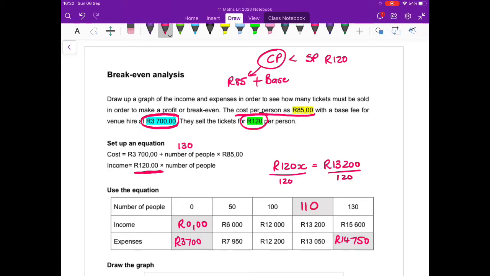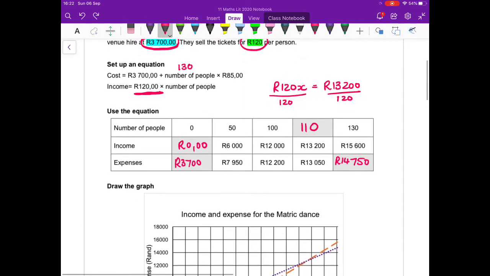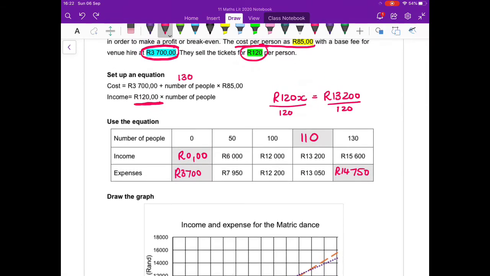In an exam or a test, you are never asked to fill in all the values. Now remember, if your table does not have much space, you can put the values only. Sometimes you have lines at the bottom to show calculations, and at other times these blocks are much bigger so that you can show your calculation.